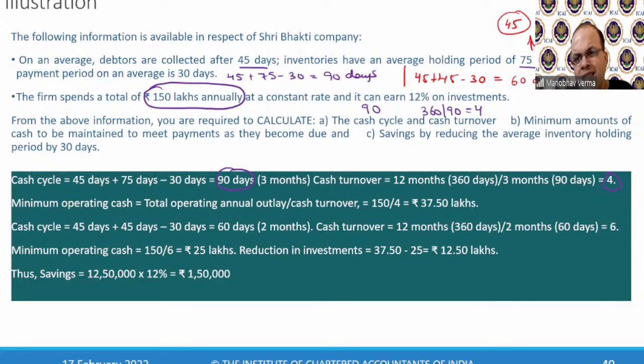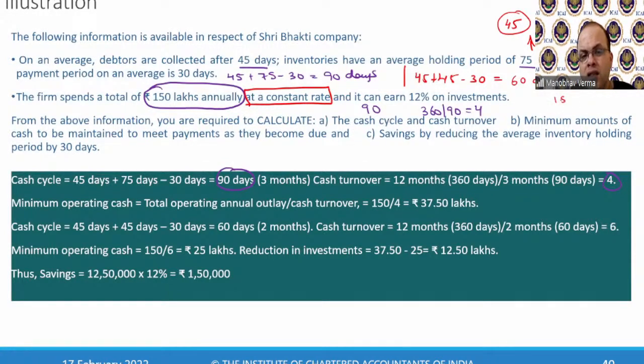And hence the cycle will be churning 6 times throughout the year. The sooner I am rotating my cash, the more cycles I have. If that is the case, my requirement in terms of the expenditure would be 150 divided by 6. Since the annual expenditure is given at a constant rate, it is a very logical assumption that it accrues evenly throughout the year.